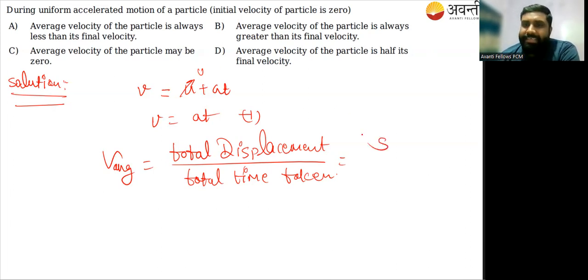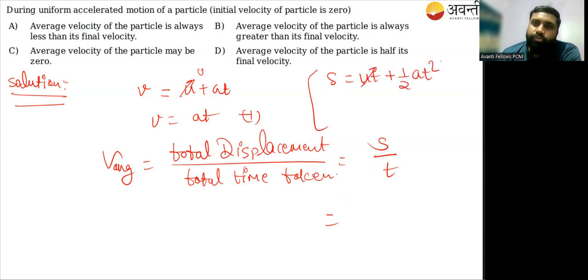Total displacement is s here, and total time that it will take is t. So from the uniformly accelerated motion equation, we can say that s is equal to ut plus 1 by 2 at square. U is given to you as 0. So you can say that s is nothing but half at square.